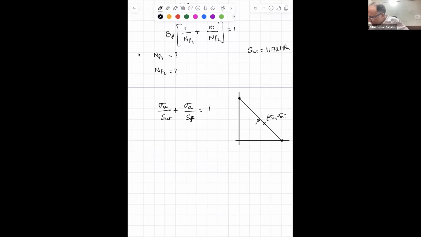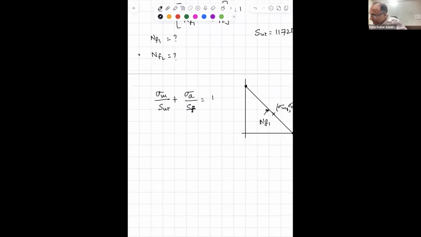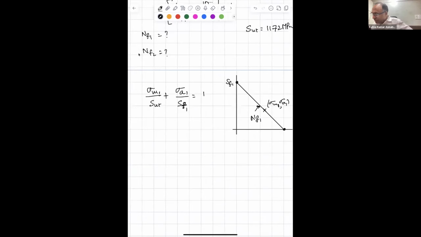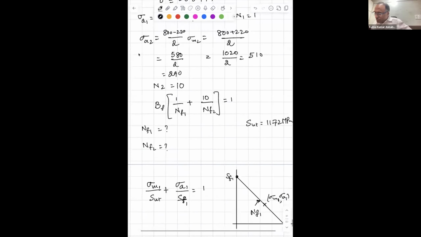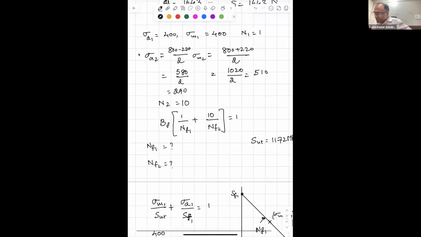Corresponding to this, let us say the number of cycles to failure is NF1. So that is sigma M1 comma sigma A1, and corresponding to that will be my SF1. Sigma M1 by SUT plus sigma A1 by SF1 is equal to 1, is what we have. So can you calculate SF1? What is sigma M1, by the way? 400, isn't it?